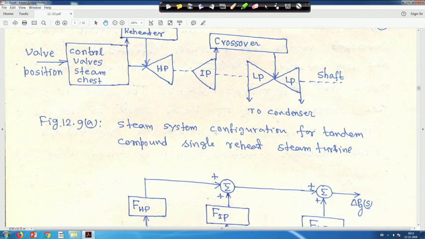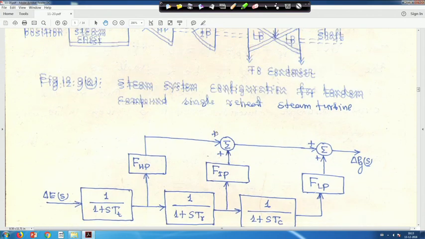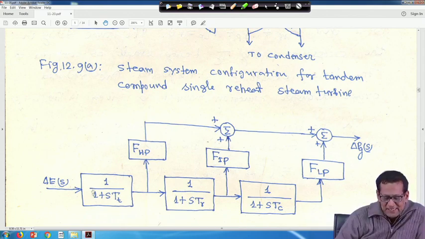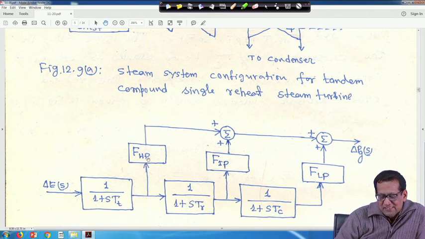Now, here is delta ES, because the governor, the turbine and the generator are all connected together, the turbine and generator coupled together. So, the input here is delta ES, right. This is 1 upon 1 plus STT, that is the steam chest time constant. Then the power developed in the high pressure side is FHP, the fraction of power, in the intermediate pressure it is FIP, and in the low pressure cylinder it is FLP, right.